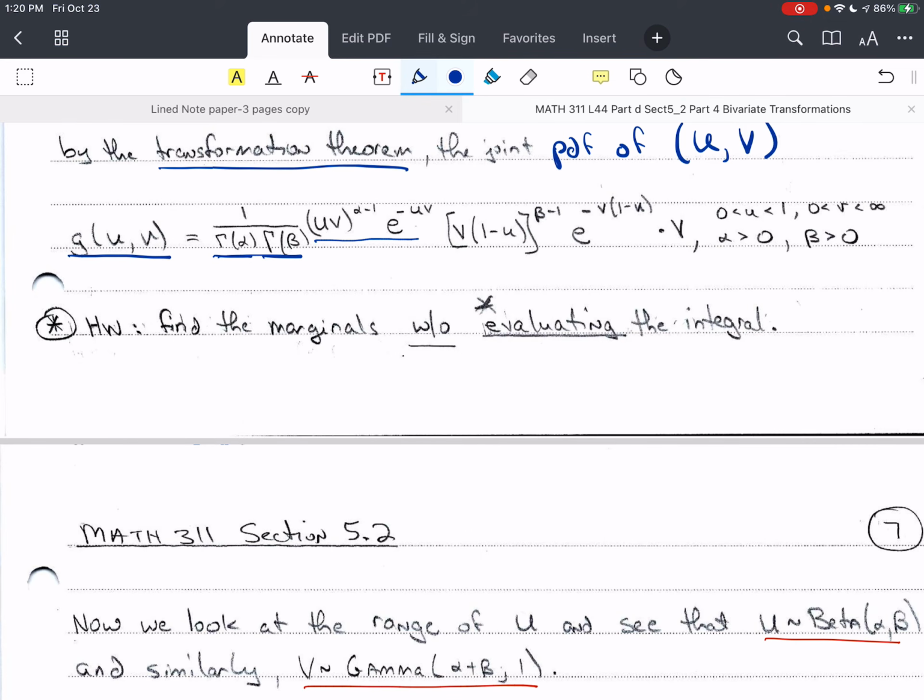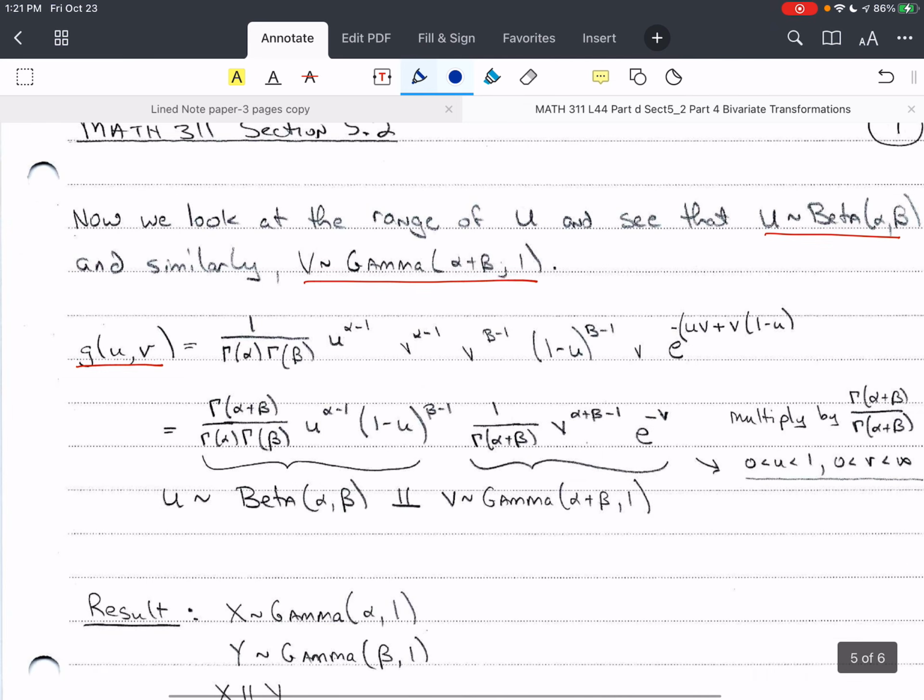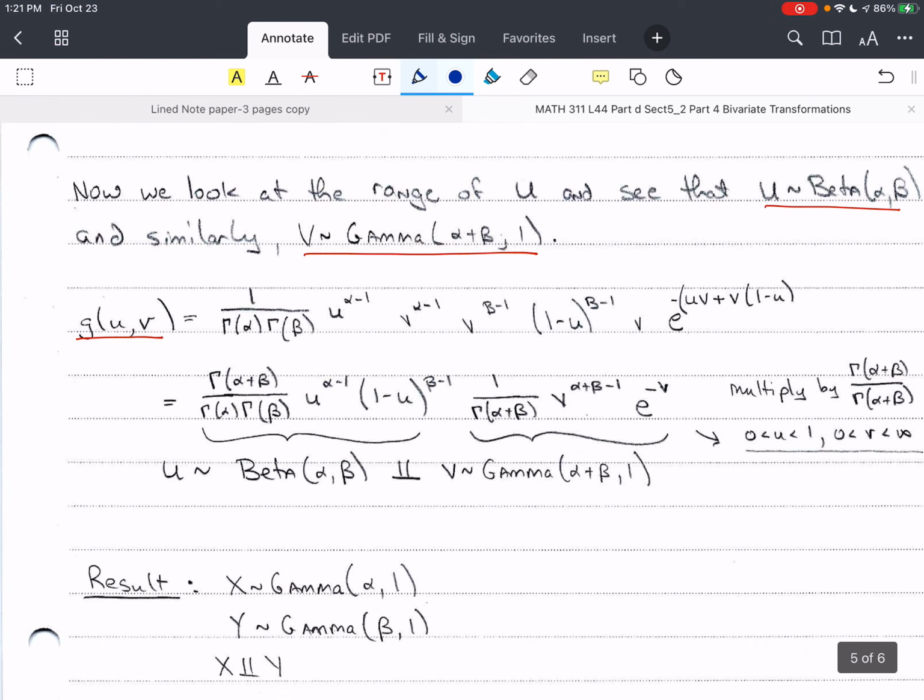You'll notice that I have 2 e's. So you're going to try to combine those exponents. And then I have u and v raised to an exponent, and then I have v and 1 minus u raised to an exponent. So you're going to have to simplify this. And don't forget your v over here.